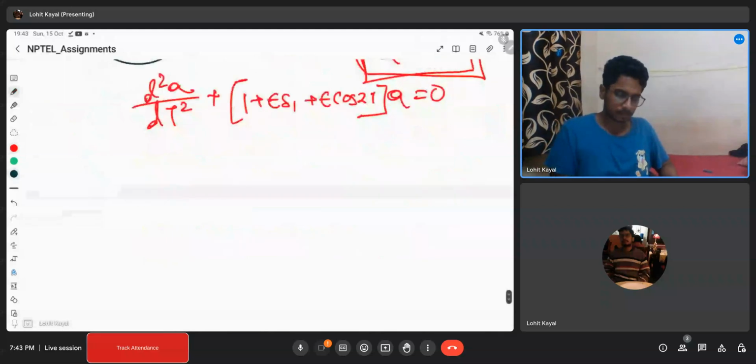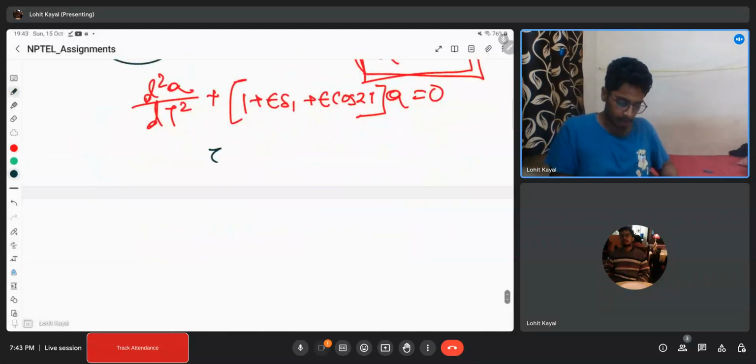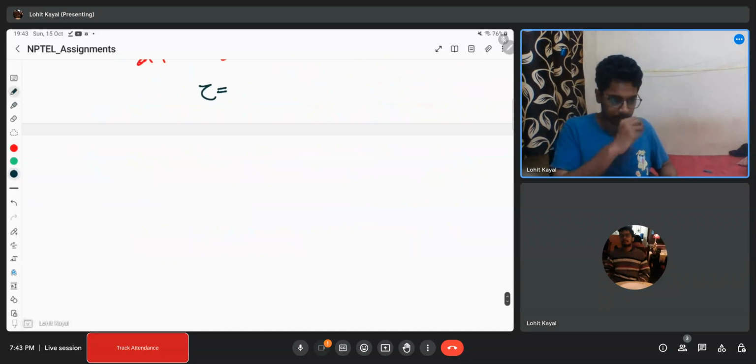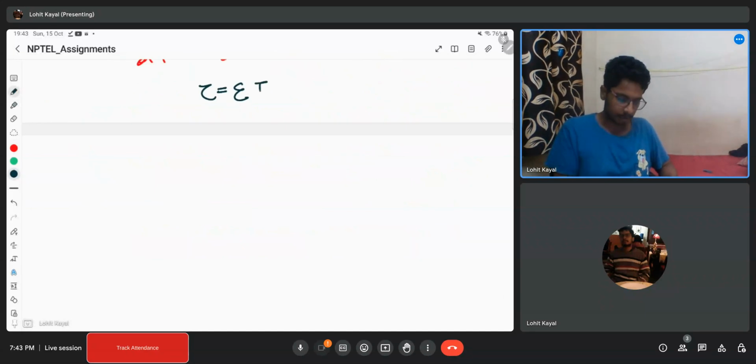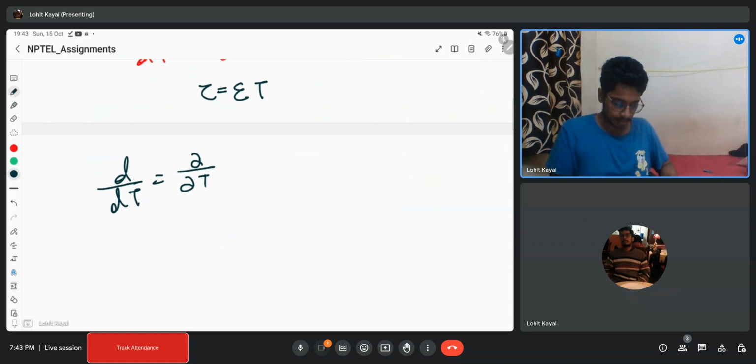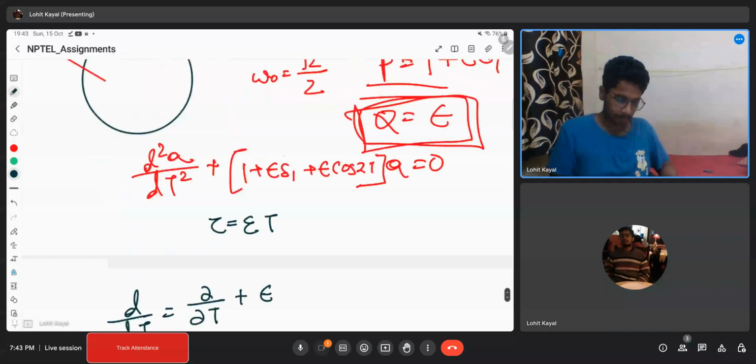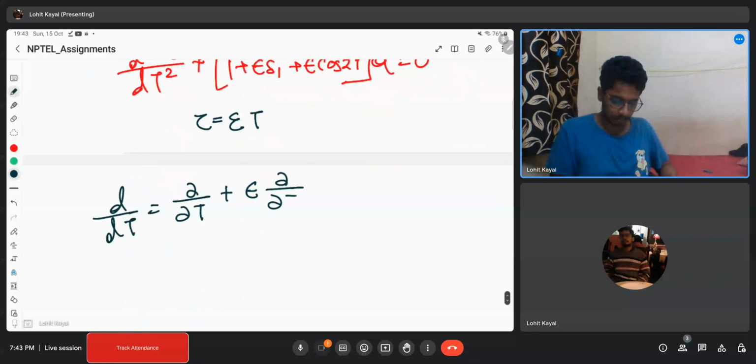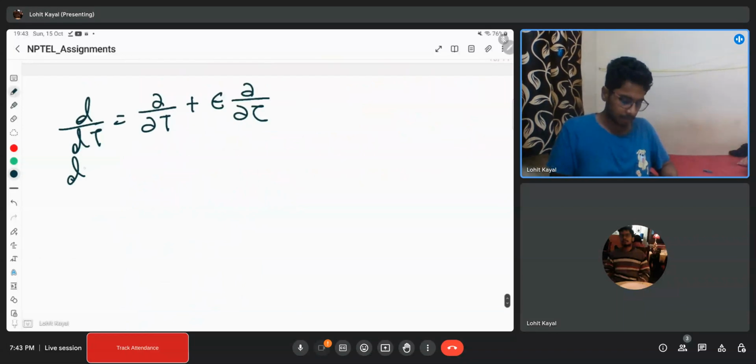Now let us assume that tau equal to epsilon t. So your d by dt will be del by del T plus epsilon del by del tau, and d square by dt square, in the linear regime, will be del square by del T square plus 2 epsilon del T del tau.